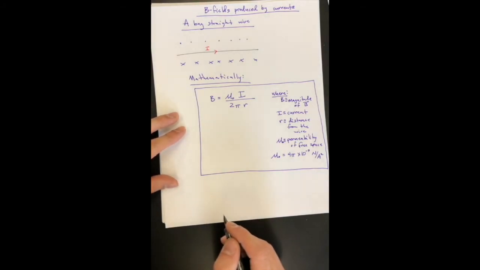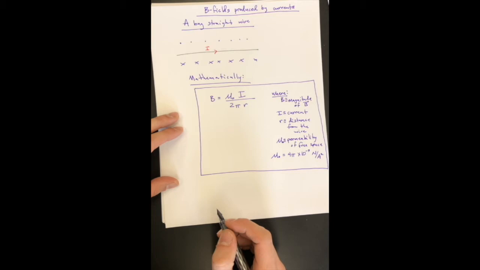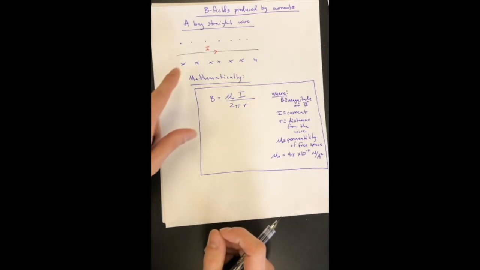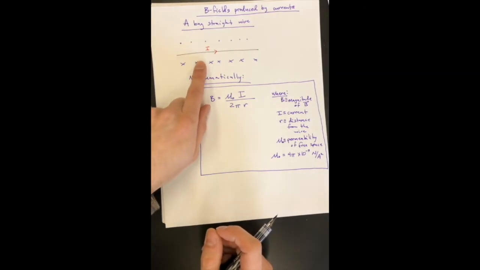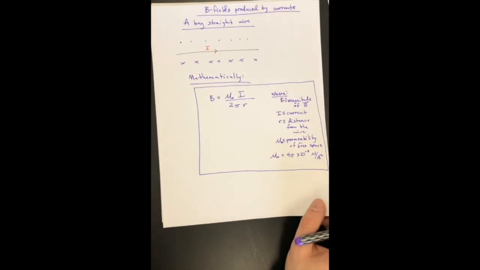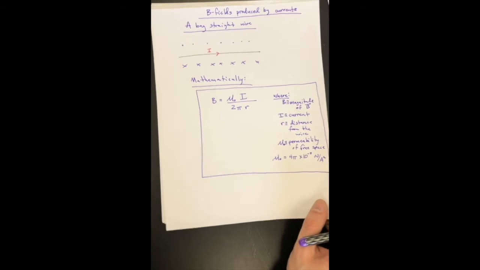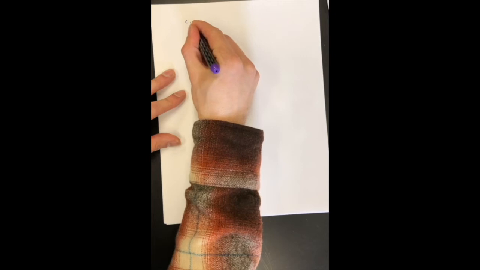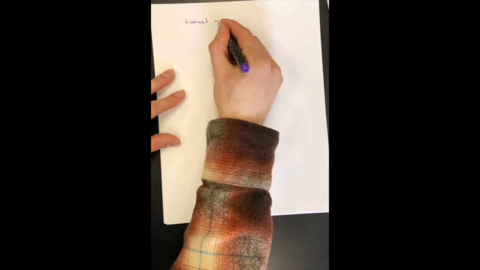The next sort of fundamental shape that we would use a current carrying wire to produce would be taking this straight wire and turning it into a loop. If we did that, we would get a picture for a current carrying loop, and I'll show that now. So this would be a current carrying loop.